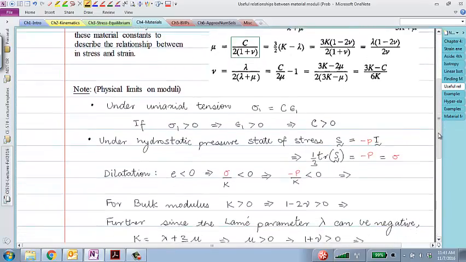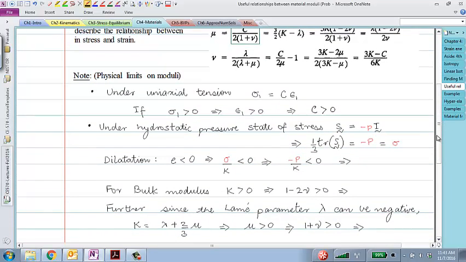We also looked at hydrostatic pressure. For hydrostatic pressure, the state of stress is given by P on the diagonals, or negative P on the diagonals, and therefore 1/3 trace of stress, this is the volumetric stress, would just be minus P, which is what we defined as sigma.